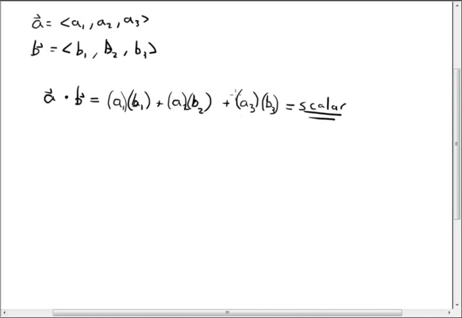We have two types of measurements. There's a vector quantity, and this will come into play in like physics and things like that. Vector quantities have magnitude and direction.